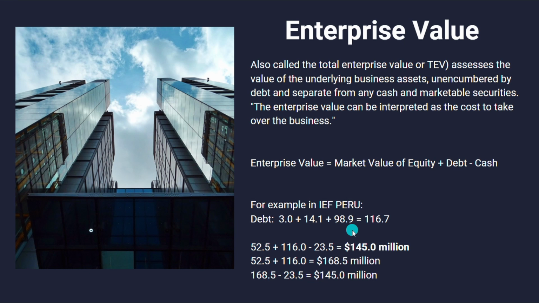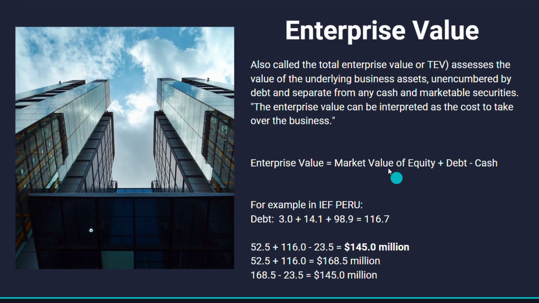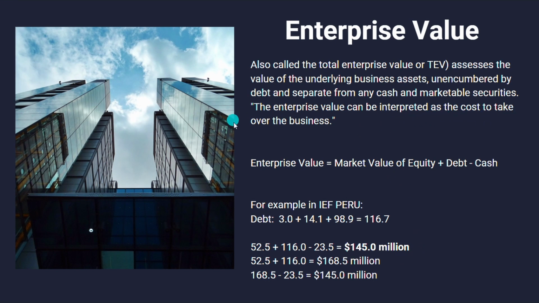Therefore, given its cash balance of $23.5 million, EF Peru's enterprise value is 52.5 plus 116 minus 23.5, and that is equal to $145 million. The enterprise value can be interpreted as the cost to take over the business.